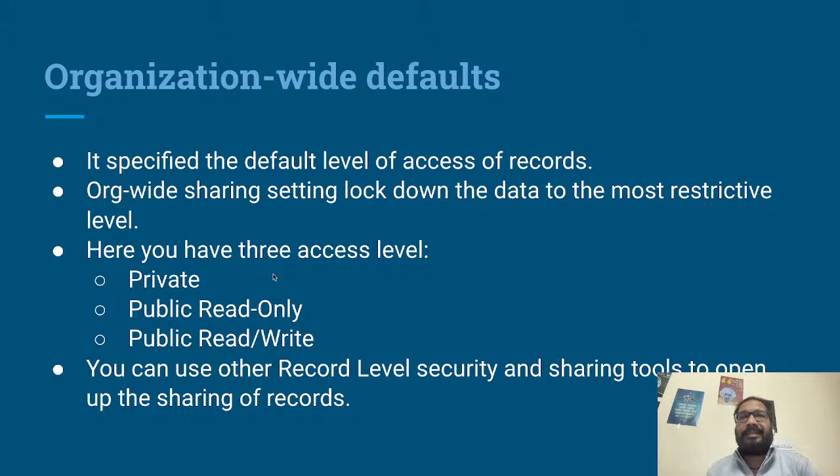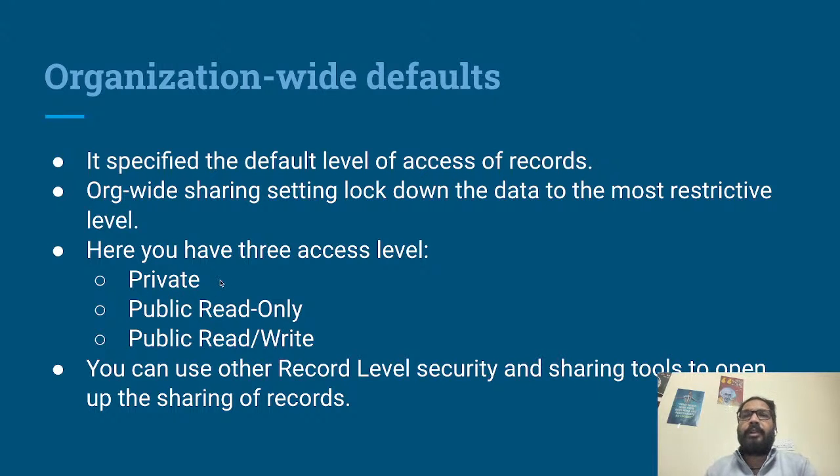We have three access levels: private, public read only, and public read write. For most of the objects, the default setting is public read write. It means as a user, you can access your own records as well as other users' records. If you want to restrict the access, you can just select private.